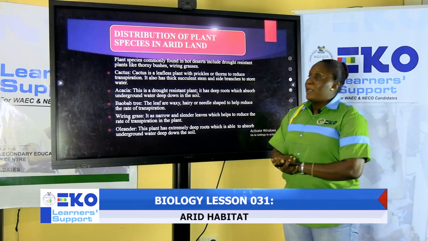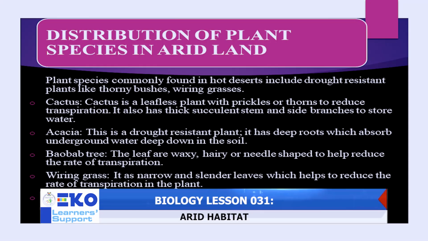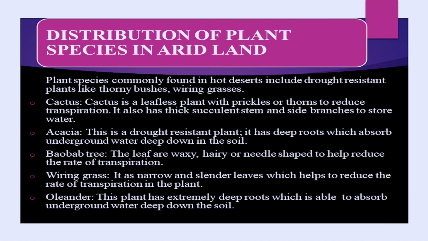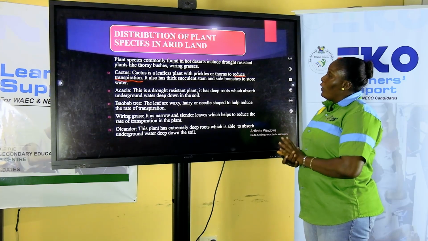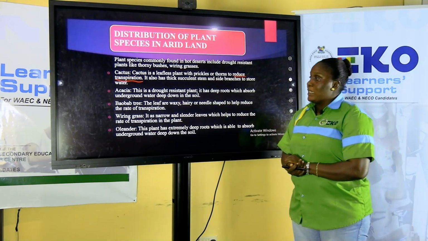The cactus plant is a leafless plant with prickles or thorns to reduce transpiration, that's the loss of water. It also has a thick succulent stem and side branches to store water for a long time since there is not much rainfall in the desert.